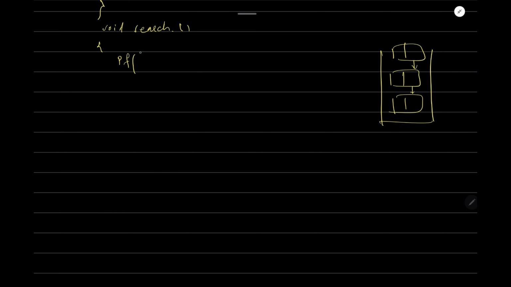So which element is to be searched? printf enter the search element, scanf percentage d ampersand x. So I will be defining int x. This is the top, right? Now I will be traversing from head to end, so that I can find the element which we get from the user input.